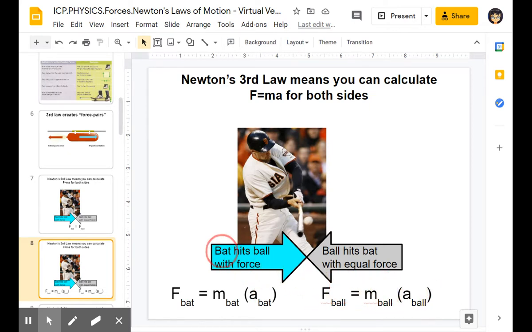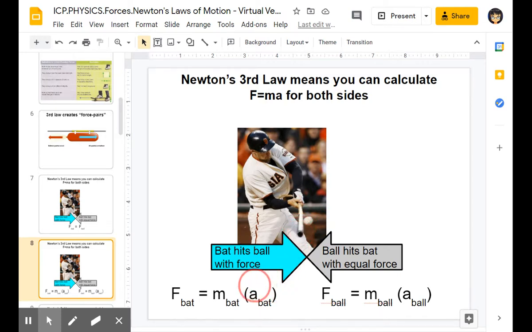So if the bat is hitting a ball with a force, the ball is hitting the bat with an equal force. It doesn't seem like it's an equal force because the ball is the one that moves farther. But that's because of different things. The ball is a smaller mass and has a different acceleration.